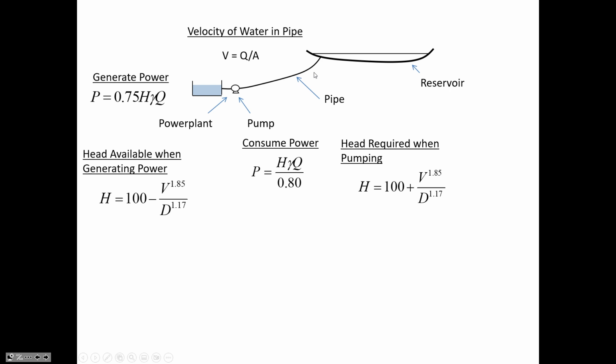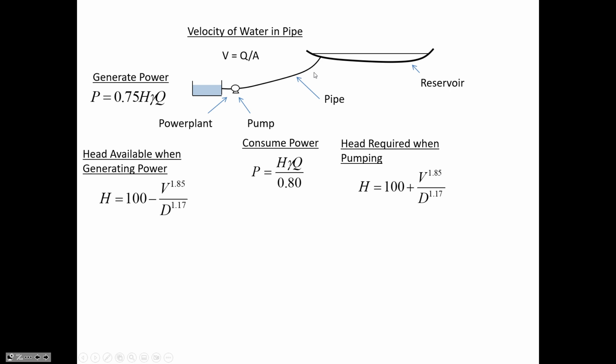What you're going to find is there's some perfect flow rate for a given pipe diameter. Let's say maybe this pipe is a diameter of 0.75 meters. This curve would be specifically for the 0.75 meters pipe. There's going to be a sweet spot where you maximize your profit, and I want you to find that sweet spot.